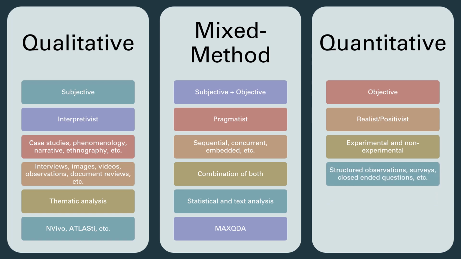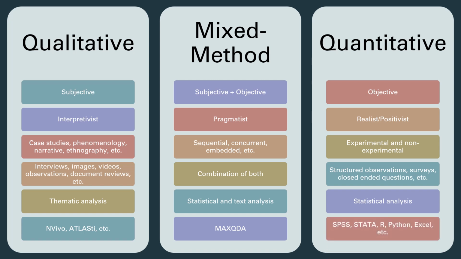The data of quantitative research can be collected by using structured observations, surveys, and close-ended questions. And the analysis of quantitative data is done by using a statistical analysis approach. And the famous software which helps in analyzing quantitative data are SPSS, Stata, R, Python, and Excel.